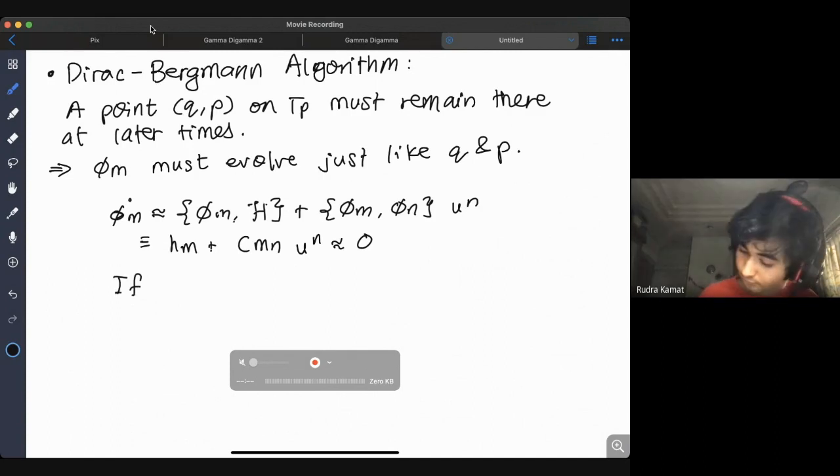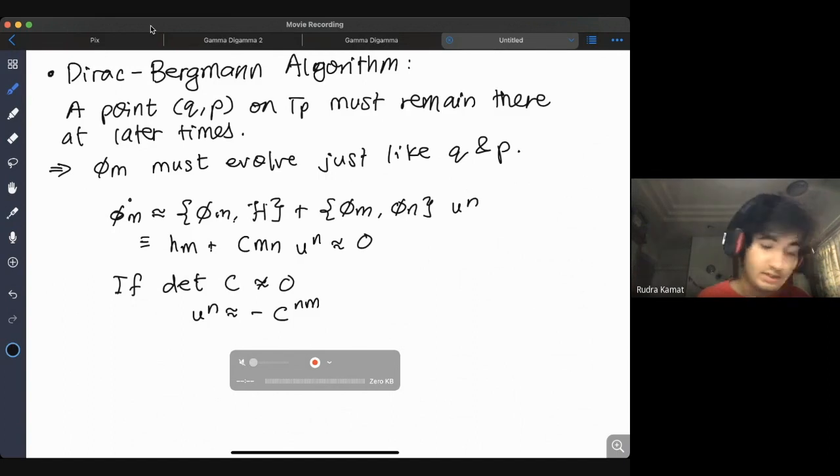If the determinant of C is non-zero, then you can invert the equation. So UN will be weakly equal to minus CNM, where the raised indices denote the inverse, HM.